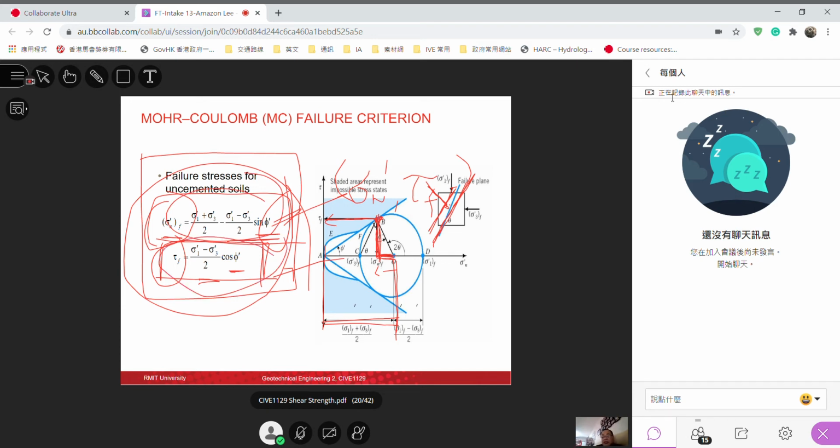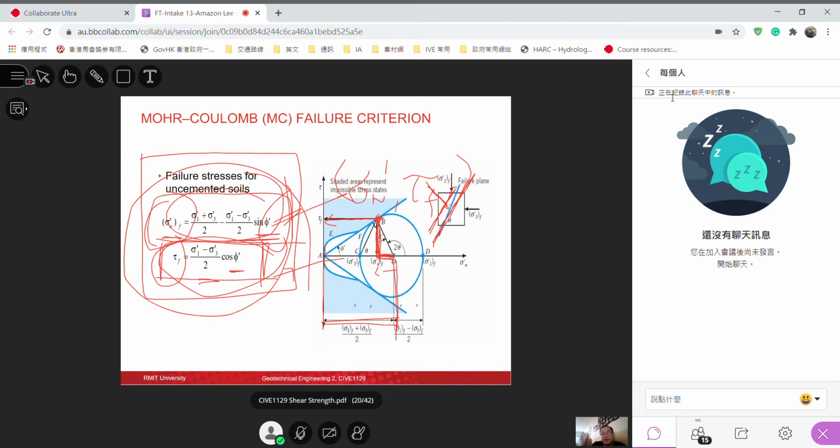So there are that many different ways to ask you. In the tutorial, we will definitely produce an example. So you have to know how to transfer the stress from the normal stress and shear stress at the failure plane, and relate back to the major principal stress and minor principal stress at failure.